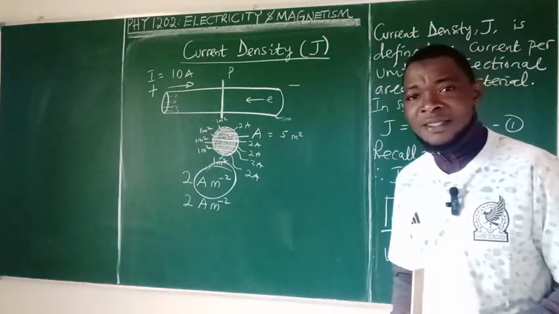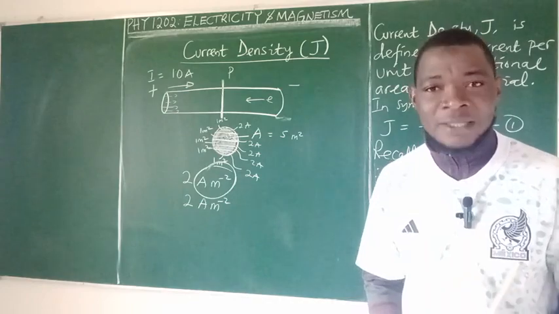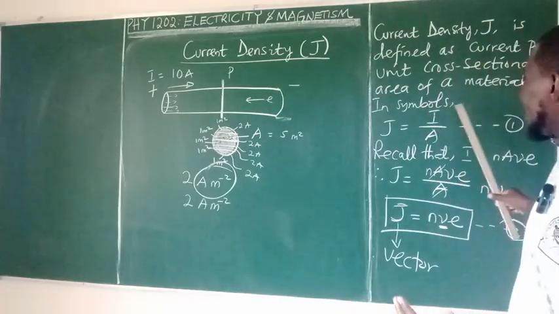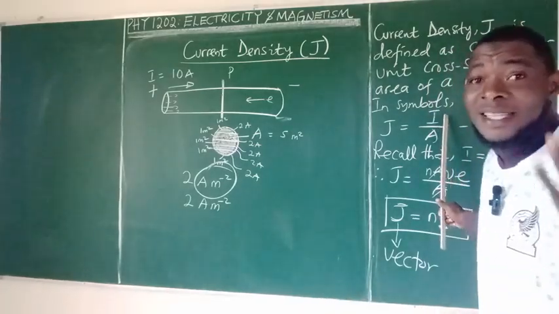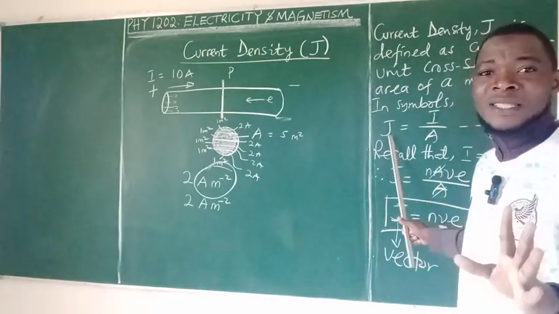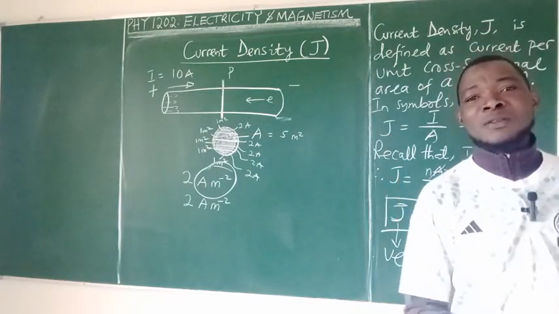Finally, current density is a vector quantity, it's not a scalar. The magnitude of current itself is a scalar quantity, but the current density is a vector quantity. Please take note of the difference.